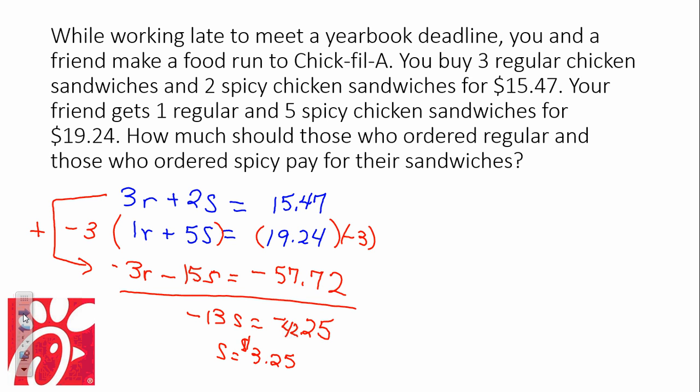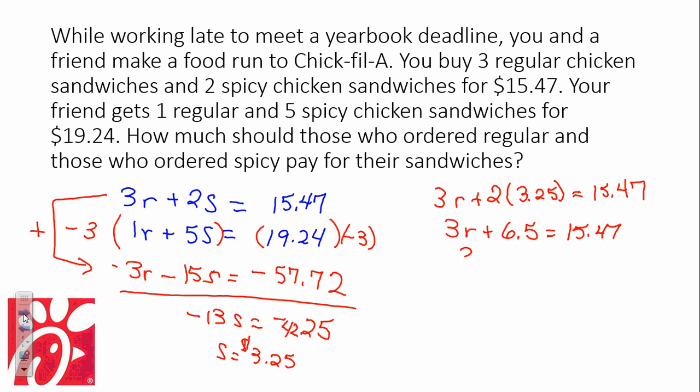3 of those regulars plus 2 of the $3.25 spicy chicken sandwiches should be equal to $15.47. So we're going to say 3R plus 6.5 is 15.47. Taking the 6.5 away, what do we get?